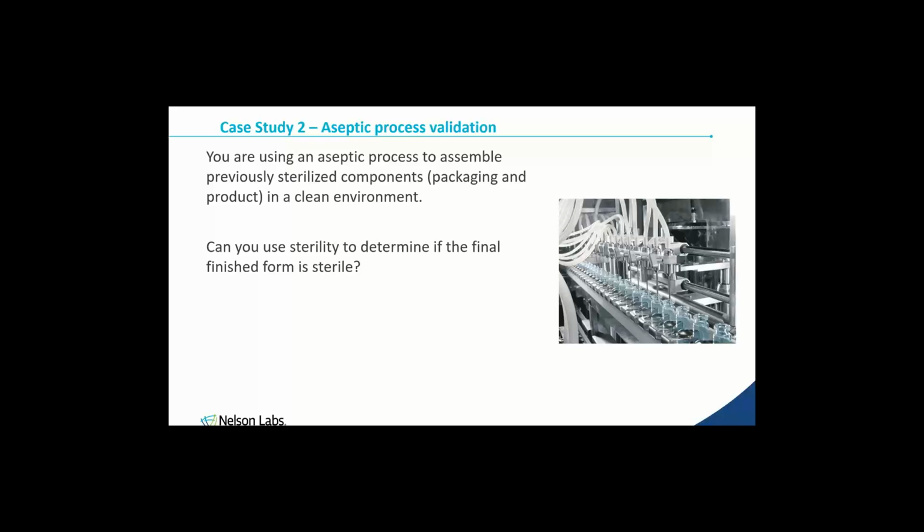So what we're validating ahead of time is our sterilization validations. What we're doing after on the finished product is basically a monitoring step to show that when I made all these sterile products and brought them together, did I keep that sterility? So am I able to take that finished product and show that it's sterile?